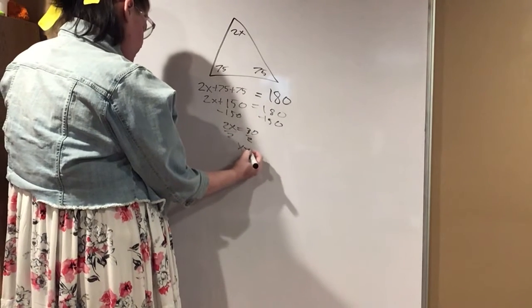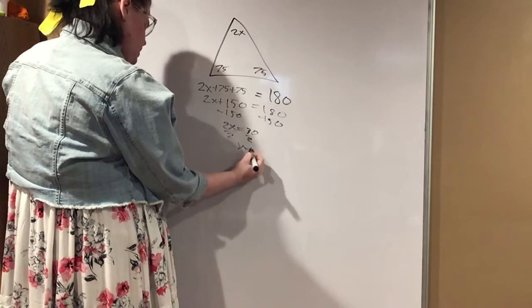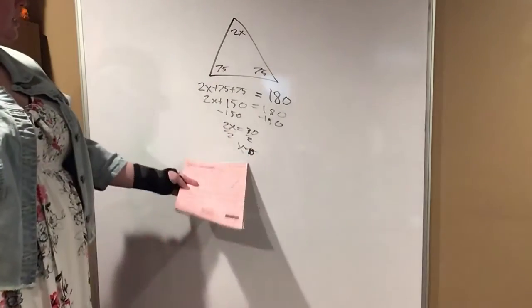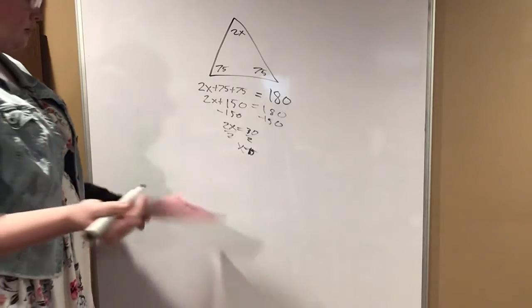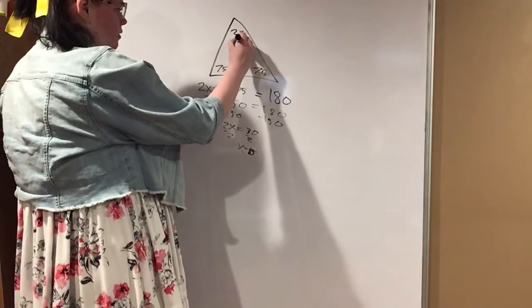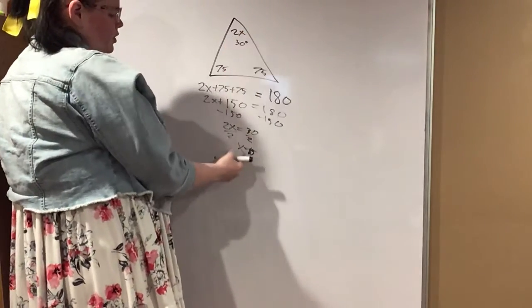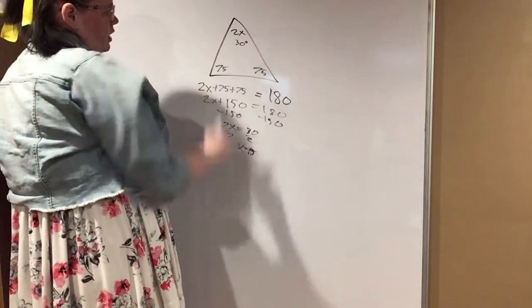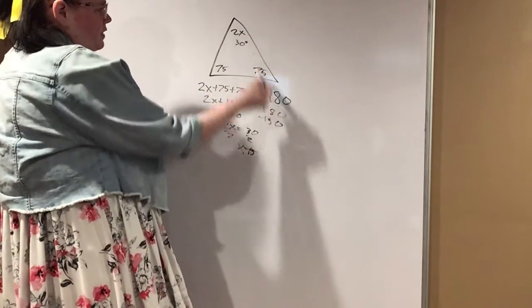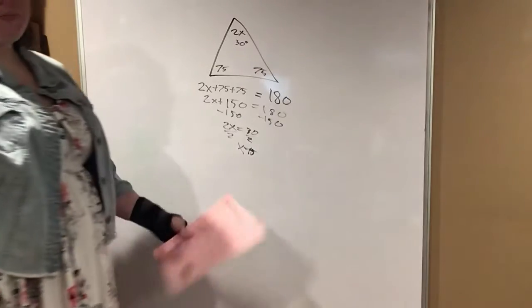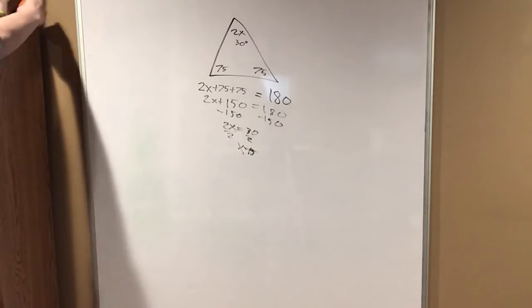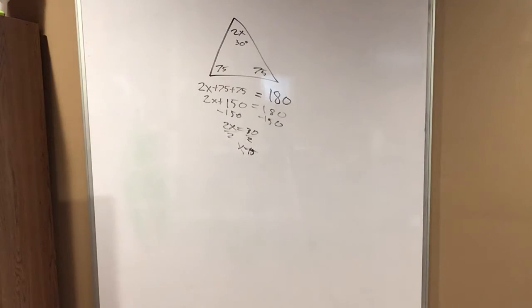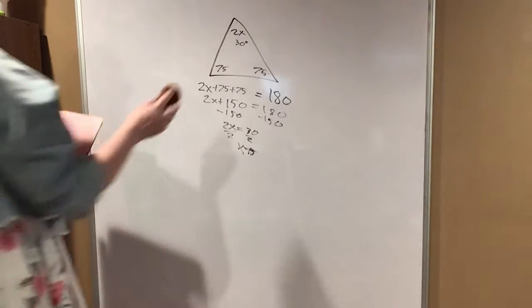So x equals 15, but that's not what they asked us, right? We know what x is, but what is that angle? Well, that angle is 30. So they wanted you to find x, and they also wanted you to find the angle. The x is 15, and the angle is 30. That is how we do these kinds of things. See, these triangles are not too difficult.